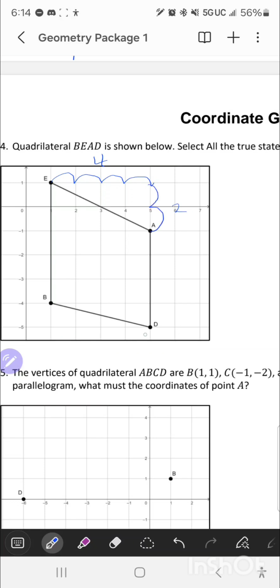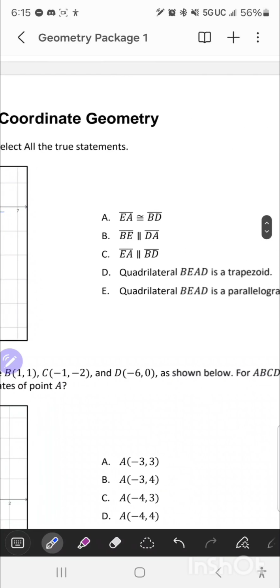This is 2, and I see here that 1, 2, 3, 4. This is 4, and this is 1. Now you see the x coordinates are the same, but the y coordinates are different, like the amount of units that the point moves. So no, they are not congruent.